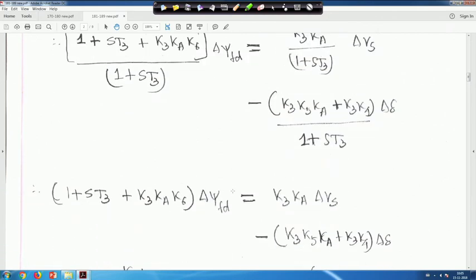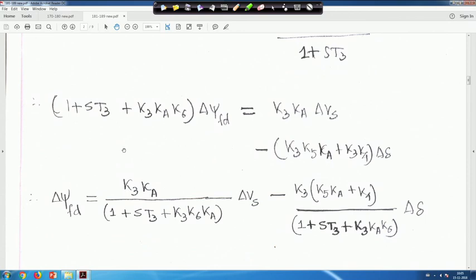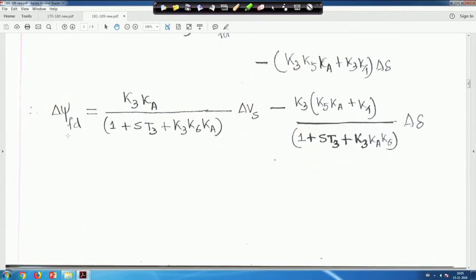Further simplification will give you that 1 plus ST3 plus K3 K K6 delta psi FD is equal to K3 K delta Vs minus K3 K5 K plus K3 K4 delta delta. Or delta psi FD can be written as K3 K upon 1 plus ST3 plus K3 K6 K delta Vs minus K3 into K5 K plus K4 upon 1 plus ST3 plus K3 K K6 delta delta, right.